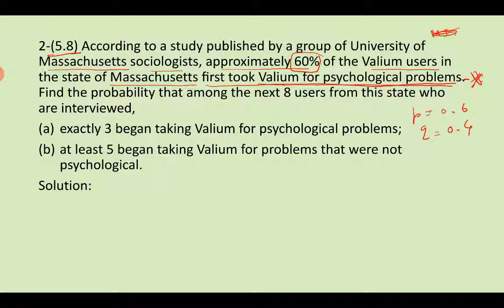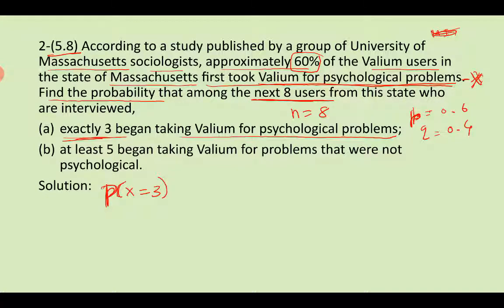Now, we need n as well, isn't it? Find the probability that among the next 8 users, this will give the information about n. n is 8. Among the next 8 users from the state who are interviewed, exactly 3 began taking Valium for psychological problems. So first case, probability of X equal to 3, exactly 3.